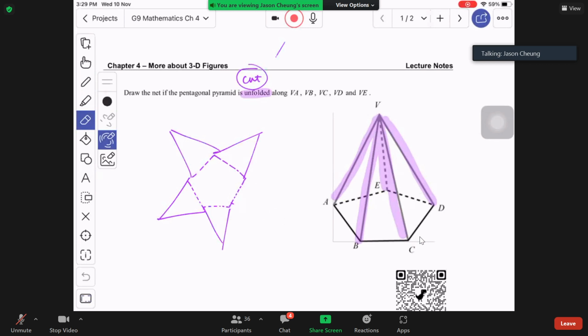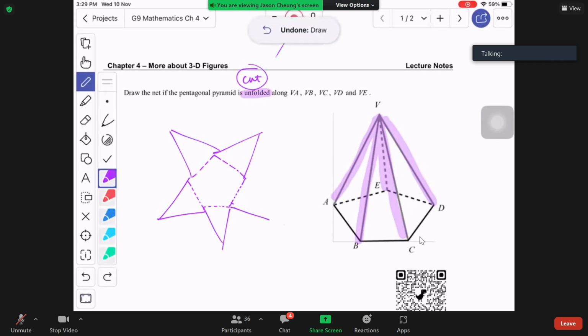So let me draw it better. All right. Okay, so this is the net.